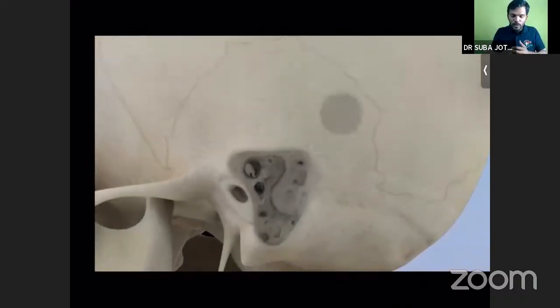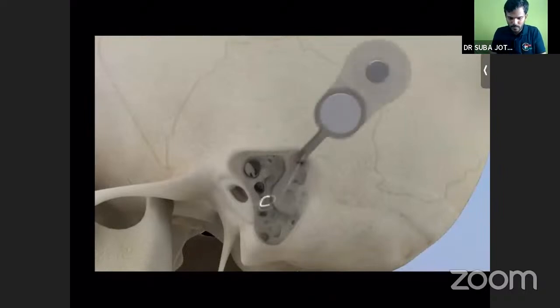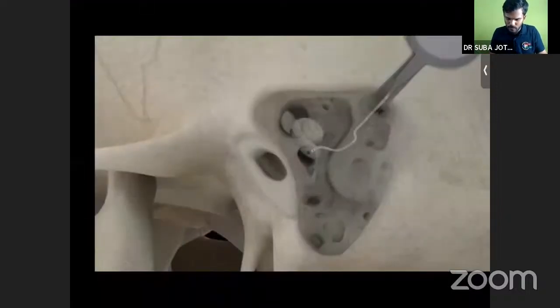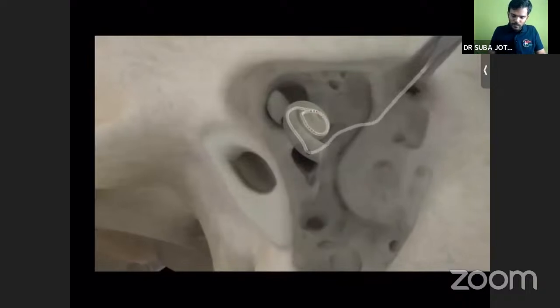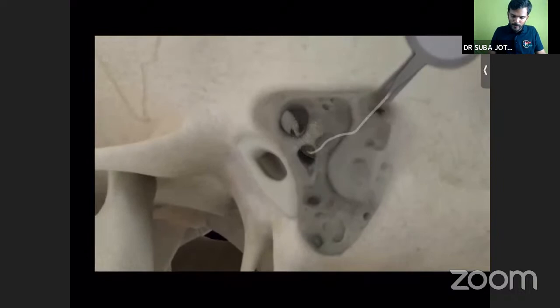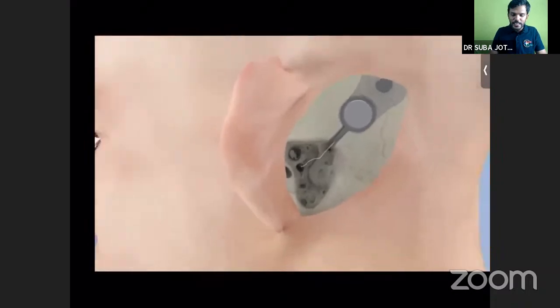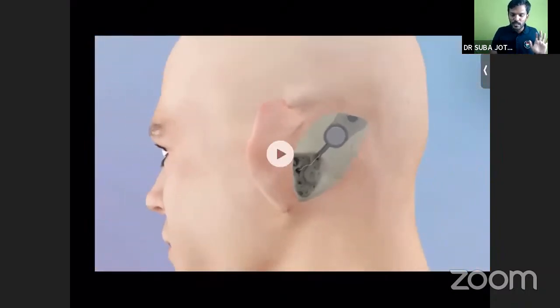Once the round window is exposed, a well along with a channel are then drilled into the skull upon which the implant is seated. The electrode array is then inserted into the round window and gently threaded into the cochlea. The electrodes are inserted successfully through the facial recess into the round window into the scala tympani. This is how it's done.